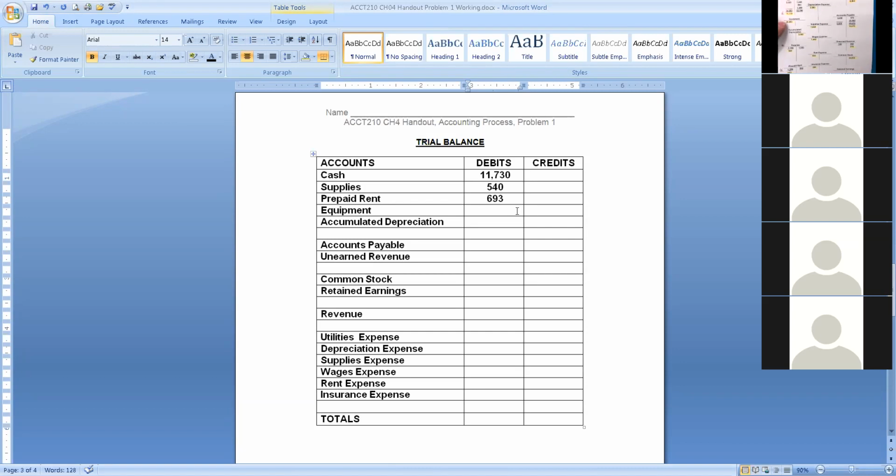Equipment, 30,000. Accumulated depreciation, this is on the equipment, 3,000.